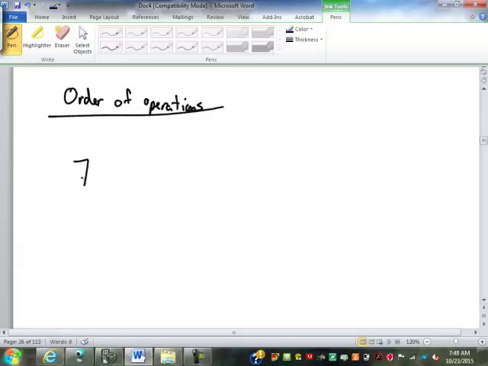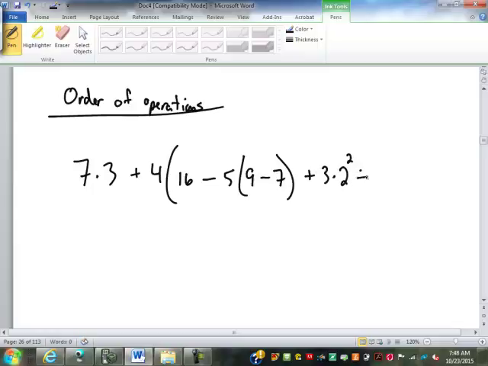So if I have something like this, where would I start? You start with parentheses, of course, and enclosing symbols are your first step.